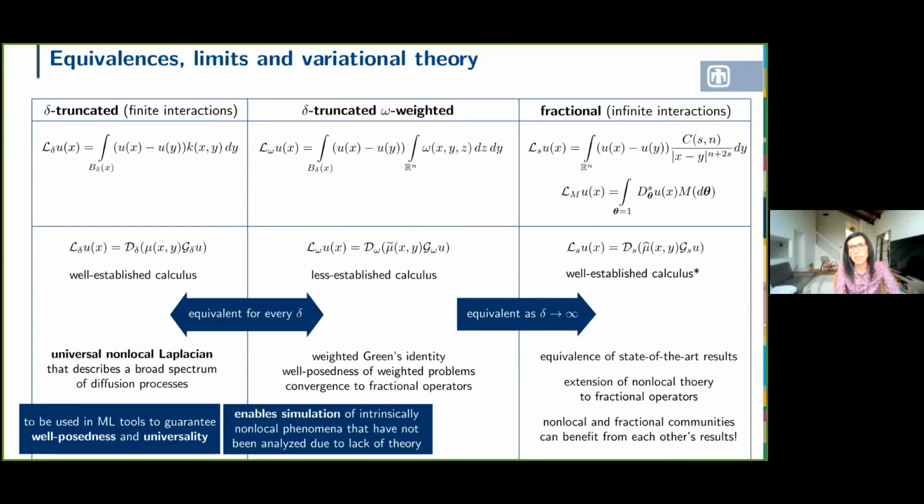And at the same time, we can also enable the analysis of phenomena that are intrinsically non-local just by observation, but that weren't studied because of the lack of theory or the lack of simulation tools.